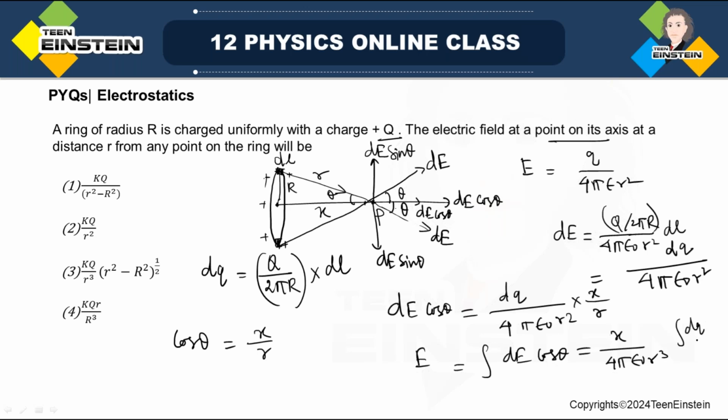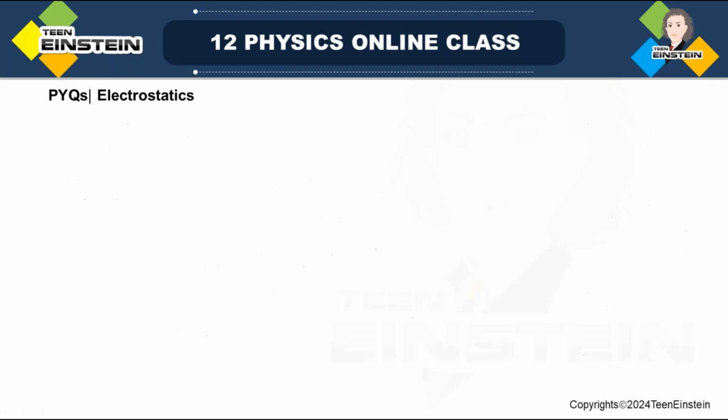So the integral of dq will be the total charge Q only. So I can write the electric field due to a ring at any point on the axis as Qx by 4 pi epsilon naught r cube. Let me go to the next slide. So what I get is this, Qx divided by 4 pi epsilon naught r cube.